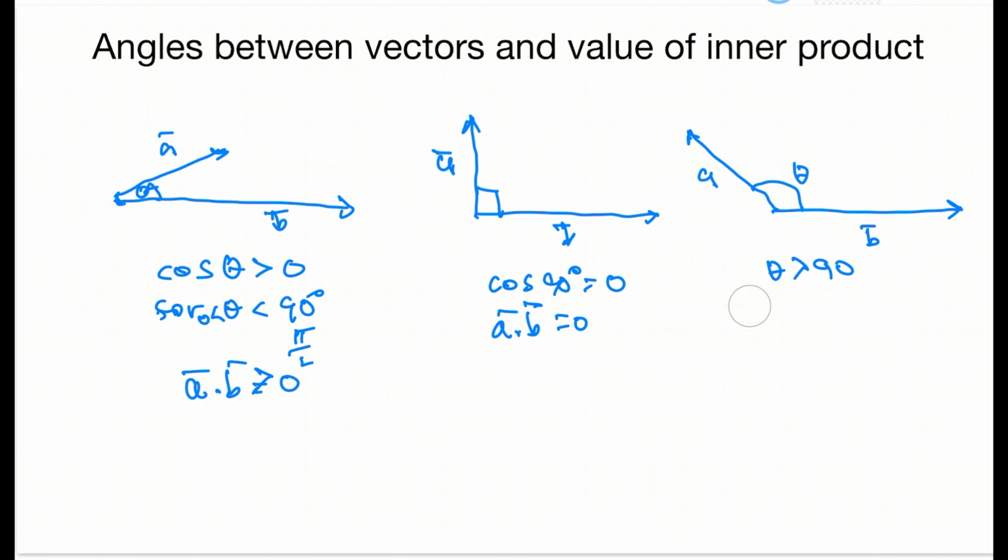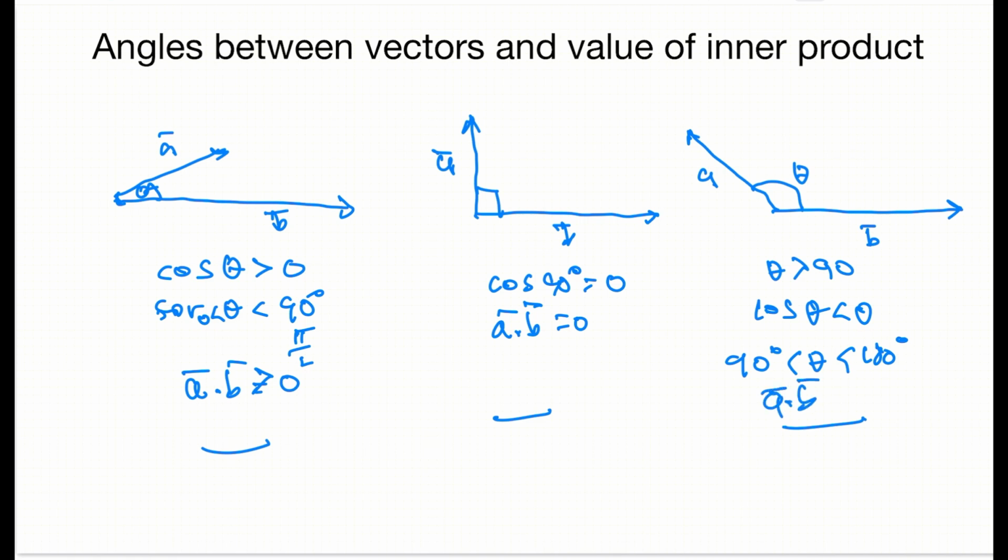In this case, the cosine of theta is less than 0 because we're in the region between 90 and 180 degrees, which would be the second quadrant. So those are our three basic cases: it's going to be positive, 0, or negative. So A dot B is less than 0. So it's going to be negative.